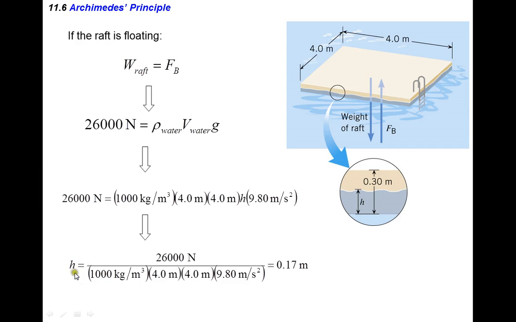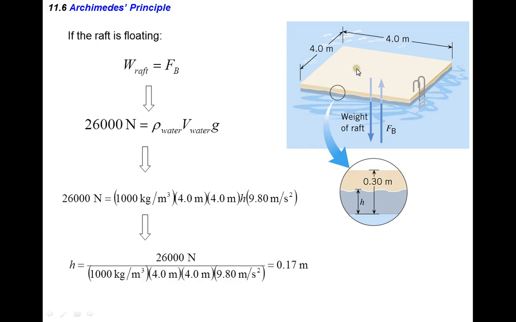So I can solve for the height: 26,000 newtons divided by 1,000 times 4 times 4 times 9.8. It's going to sink 0.17 meters into the water before it's displacing 26,000 newtons worth of water, and then it will start to float.